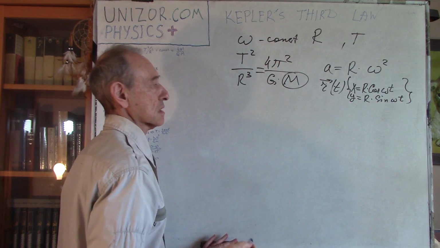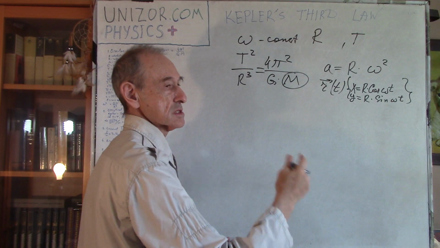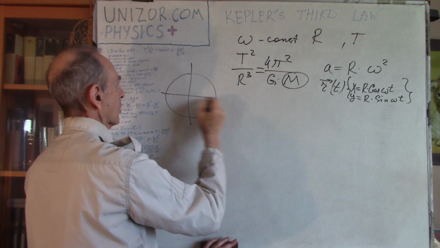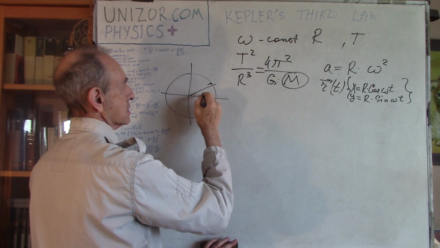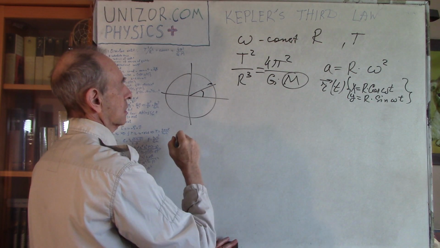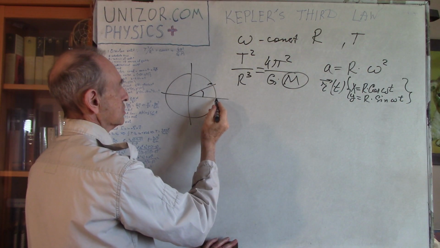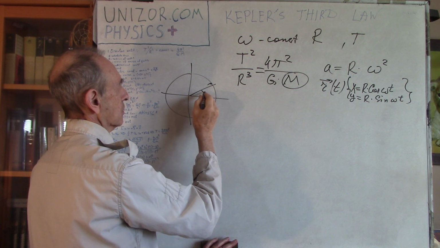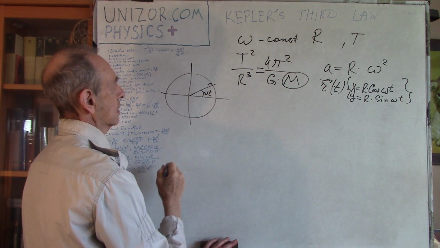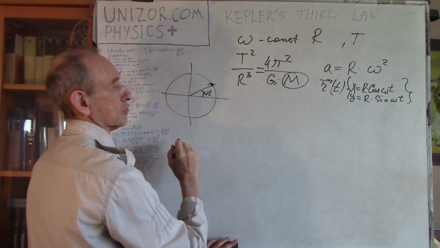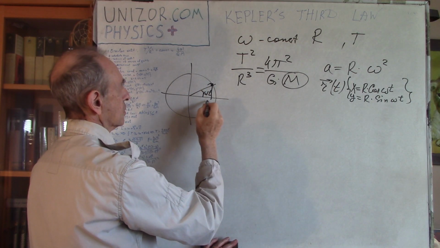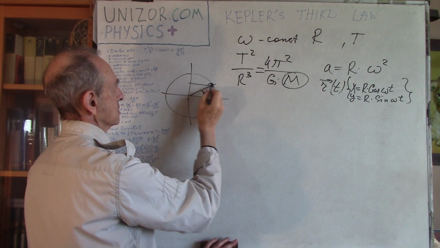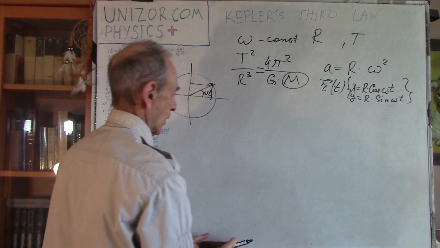So that's basically the x and y coordinates when the object is circulating on an orbit. So this is the angle. Now if the time from here to here is t and angular speed is omega, this angle is omega t. And if this is my object, this is the x coordinate, which is r times cosine, and this is r times sine, the y coordinate.